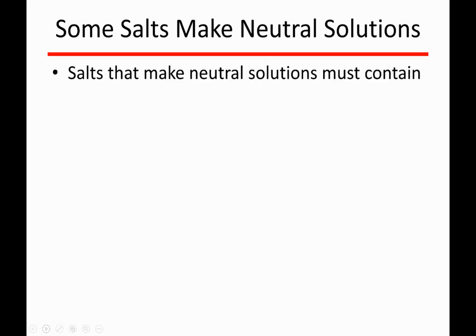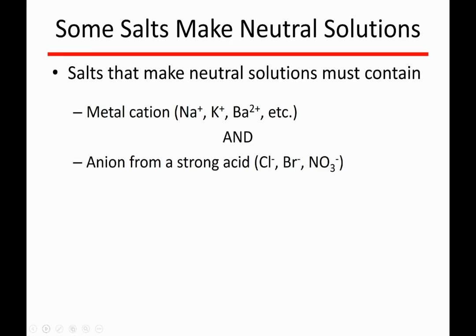There are many salts that do make neutral solutions. In order to have a salt that makes a neutral solution, you must contain both of the following: a metal cation, like Na+, K+, Ba2+, any metal cation, because that has no acid-base properties. And in addition to this, you must also have the conjugate base of a strong acid, like the chloride ion, the bromide ion, the nitrate ion. These are all conjugate bases of strong acids, and so these are ineffective bases.